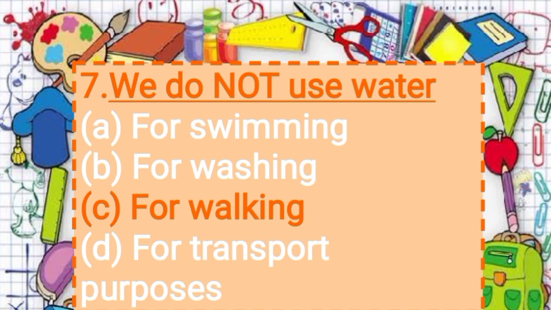Option B, for washing. Option C, for walking. Option D, for transport purposes. So here answer is option C, for walking, means we do not use water for walking.